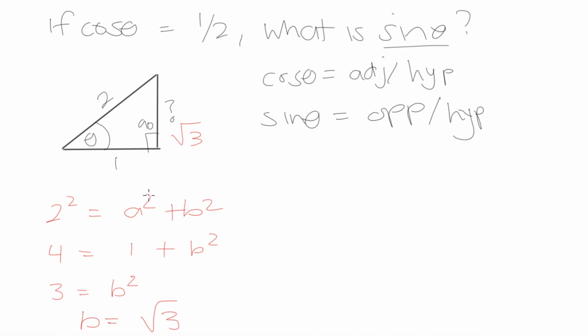You might recognize that this is actually one of our special triangles. We have a special triangle where the sides are made up of 1 and root 3, and our hypotenuse has a value of 2. Try and pause this video and see if you can recall what this special triangle looked like and what the values of these interior angles were for your 1, root 3, and 2 special triangle.